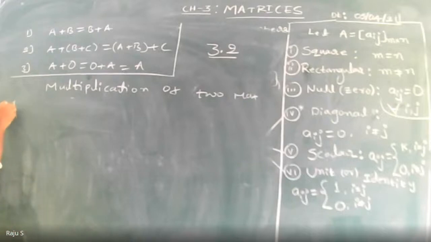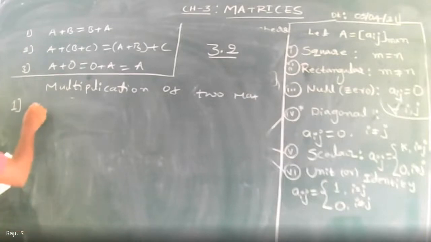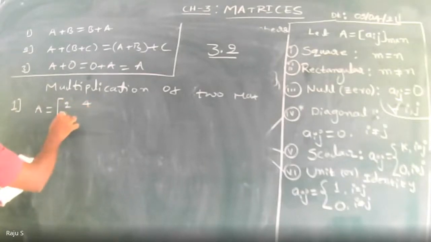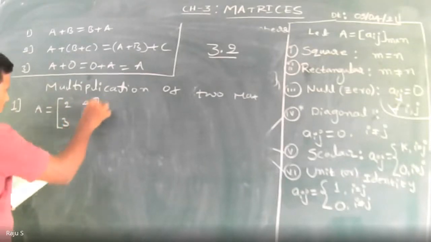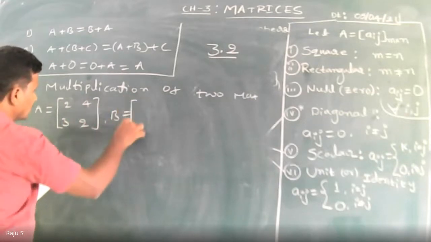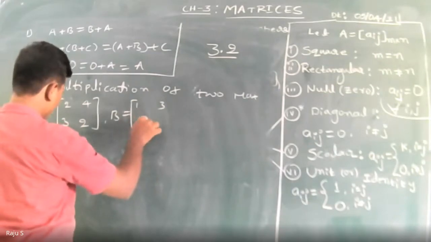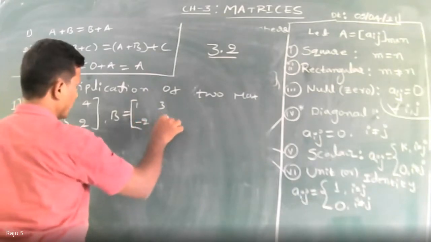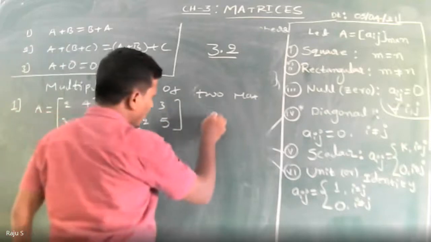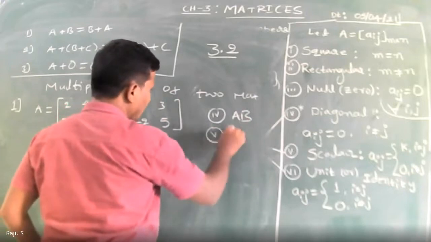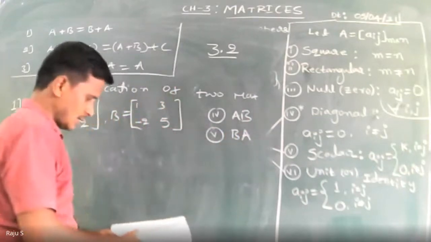In the first question they gave A as 2, 4, 3, 2 and B is equal to 1, 3, minus 2, 5. The fourth subdivision is AB, we need to find AB. The fifth subdivision is BA.